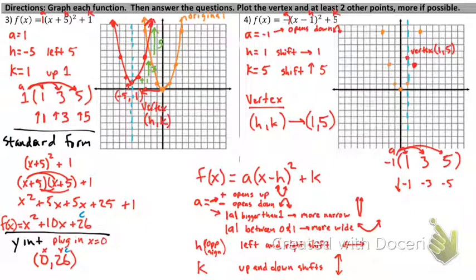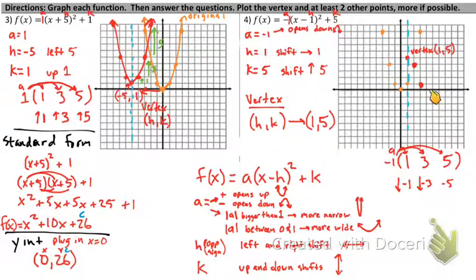From my second dot, we go right 1 again, always to the right once, but now down 3. 1, 2, 3, and put a dot right there.